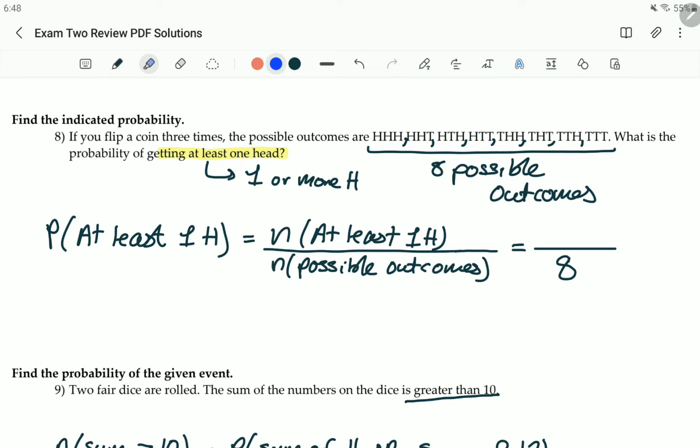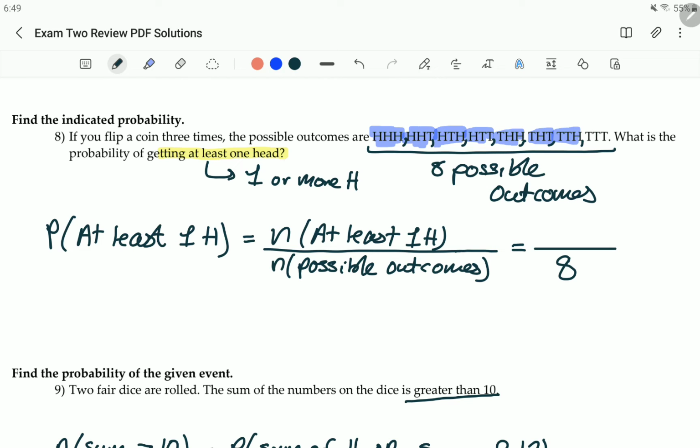Let me highlight those in blue. The first one, the second one, the third option, the fourth option, the fifth option, the sixth option, and the 7th option. But notice we're not going to choose the 8th option.